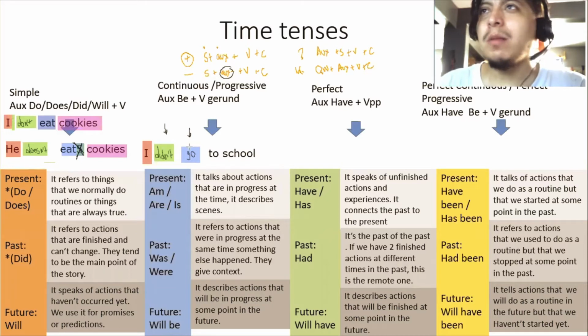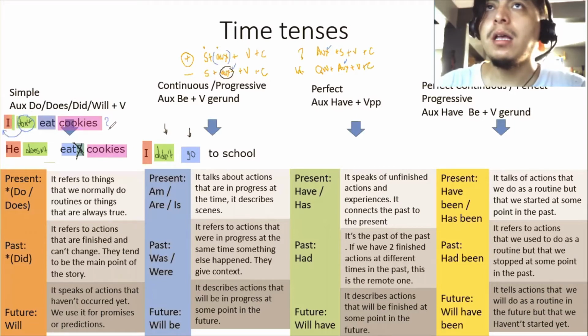So these are pretty much the rules of the simple present and the simple past. The auxiliary is not necessary in affirmative statements. In affirmative statements, again, we are not going to use the auxiliary. But in negative statements, it's mandatory. And in questions, it's mandatory. How do I make a question? This auxiliary switches positions with the subject.